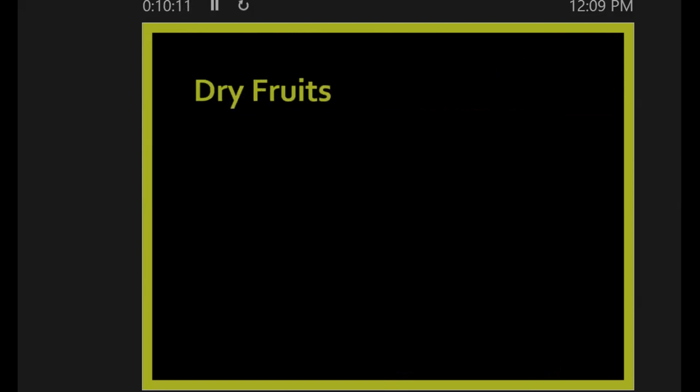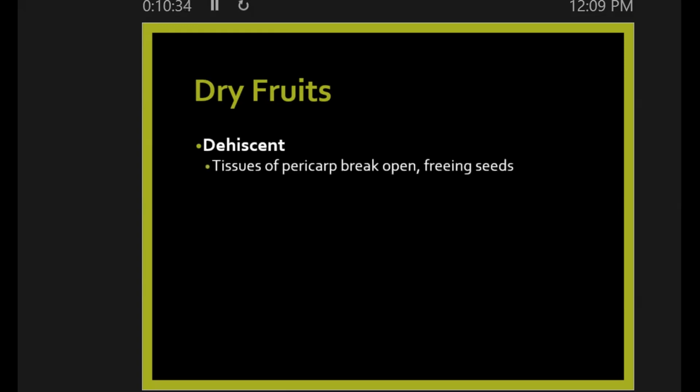Okay, so dry fruits are a little weird to think about because most people would say, oh, those are vegetables. But dry fruit just means that the fleshy and the outermost, so exocarp, mesocarp, endocarp, all thinned way down, fused together into this really thin, dry covering. And then they further classify those fruits by, are they dehiscent or indehiscent?